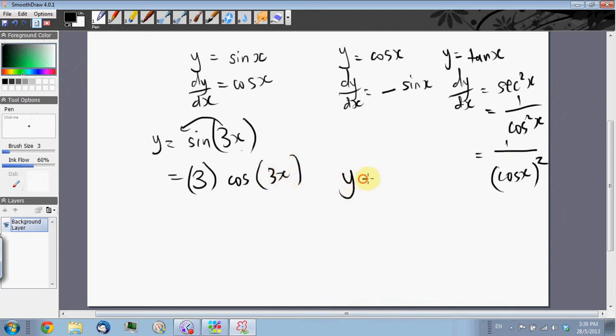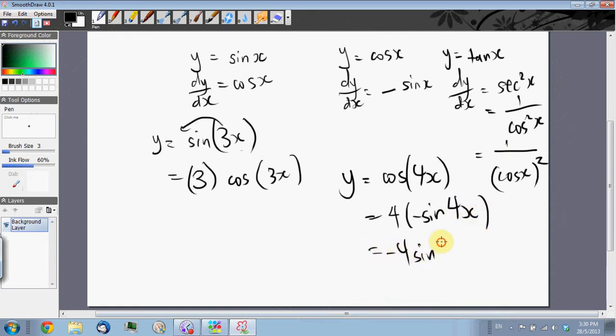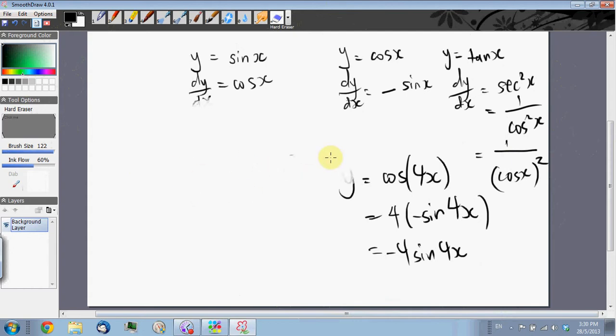Another example. Differentiate what's inside. If you differentiate 4x, you get 4. Change accordingly to cosine with a negative sign, keep what's inside. Ta-da! What if you have more complex equations?